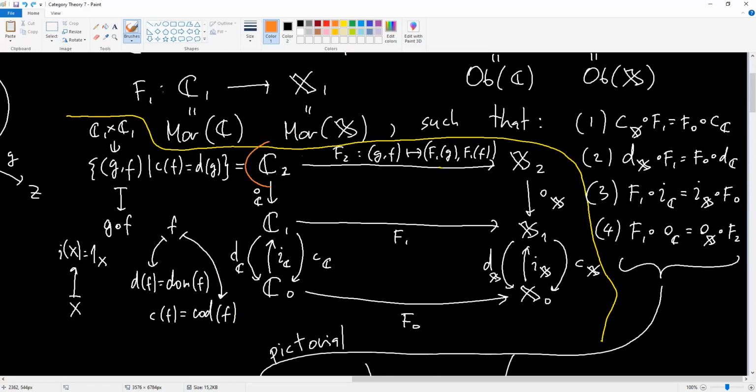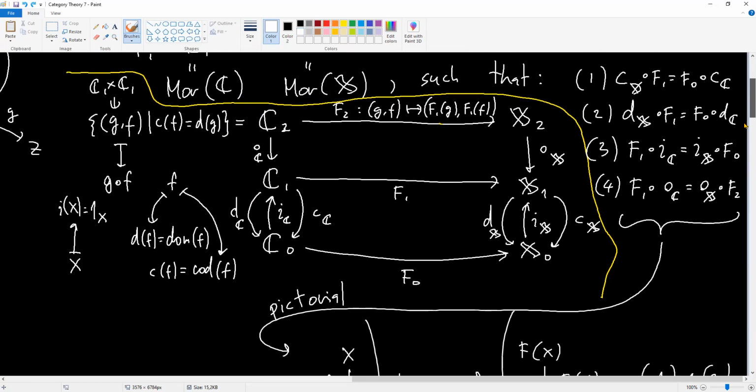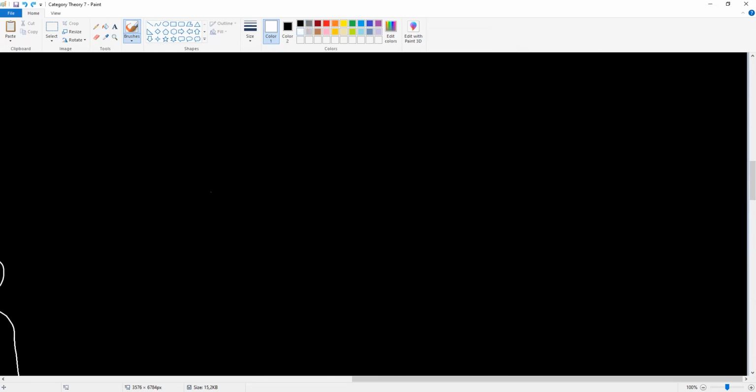But I need to learn how to build the C2 because the composition map must come from C2. And that can be done using pullback. So let me show you how to do that. So let's consider these two maps, the domain map and the codomain map.